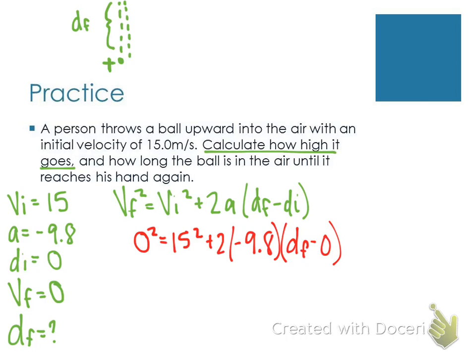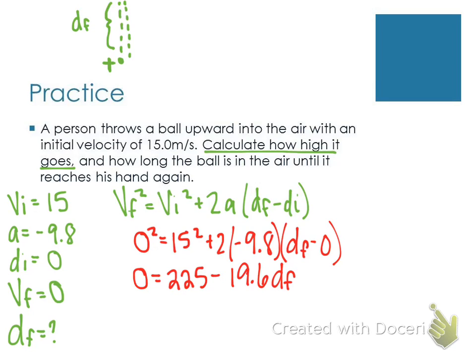Okay, so mathematically, we're going to square that 15 first and get 225. So we'll have 0 equals 225 minus 19.6 df. What do we do with the 225? We need to subtract it over to the other side. Subtract it first. It does not have a variable attached to it.